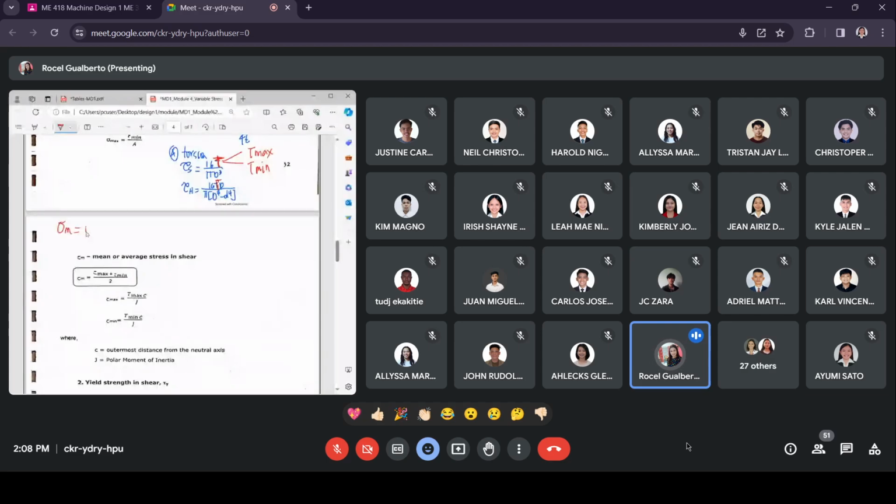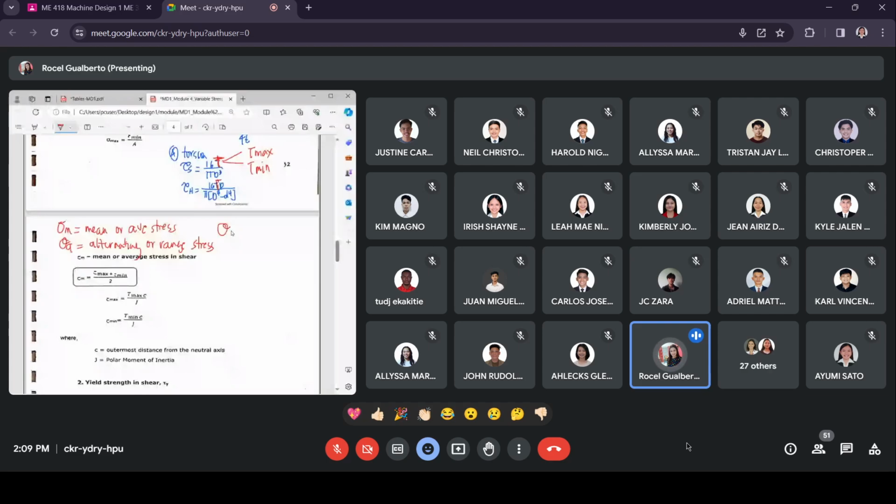And when you say sigma A, that would be the alternating or range stress. For sigma M, it is the average, so you take the maximum plus the minimum value divided by 2. And for your sigma A, it would be the difference: maximum minus minimum divided by 2.